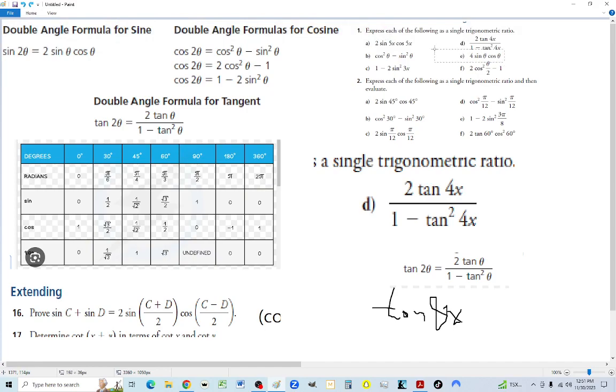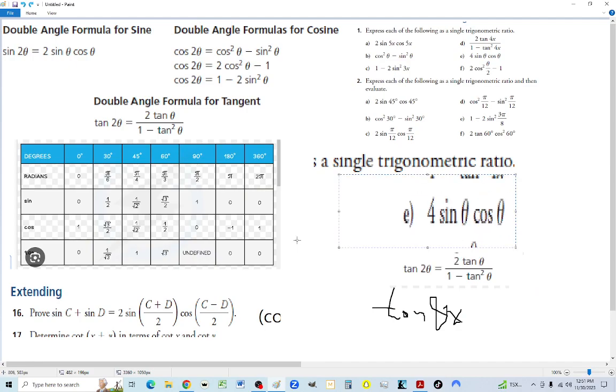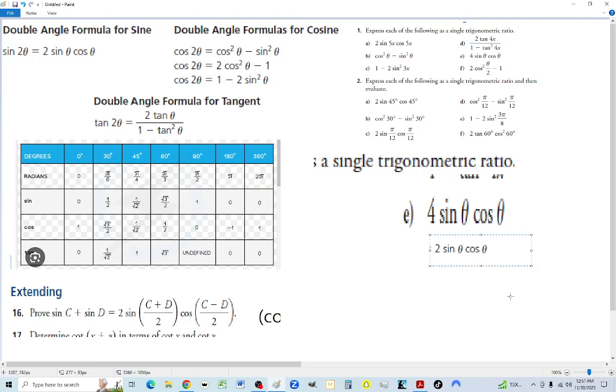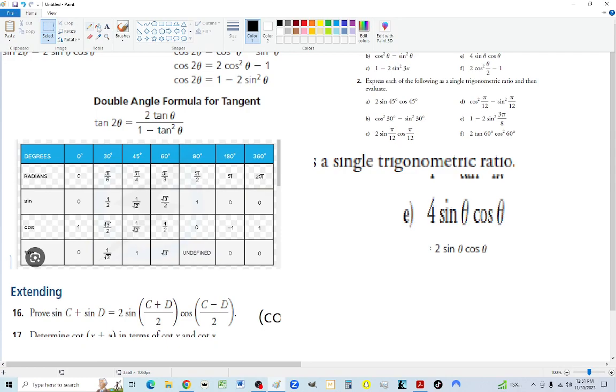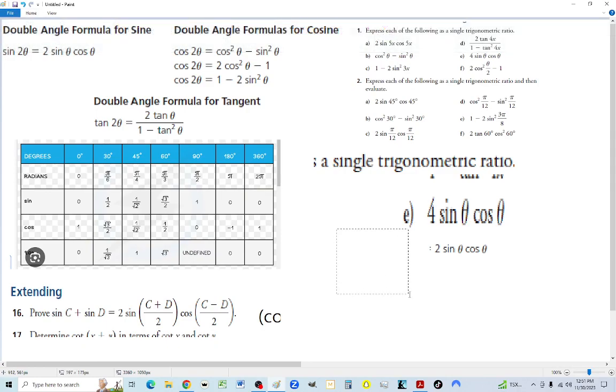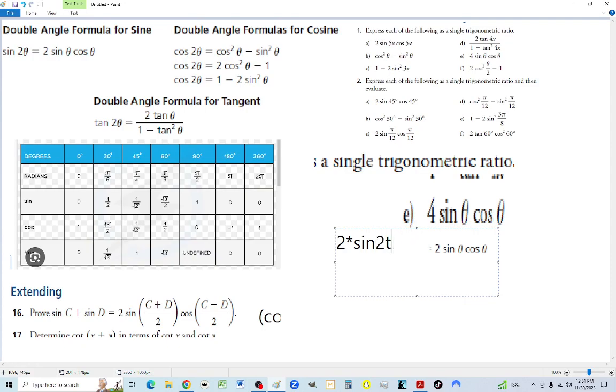And this one, what does this one look like? Well, if you look carefully, it looks a lot like this. But this one has a 2 in front of it. This one has a 4. So it's probably going to be the same as 2 times sine 2 theta, or the squiggle, because that will be equal to 2 times whatever this part is.